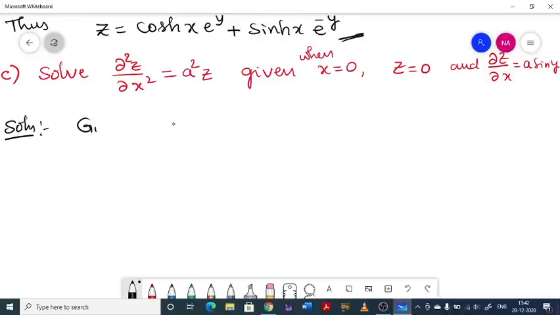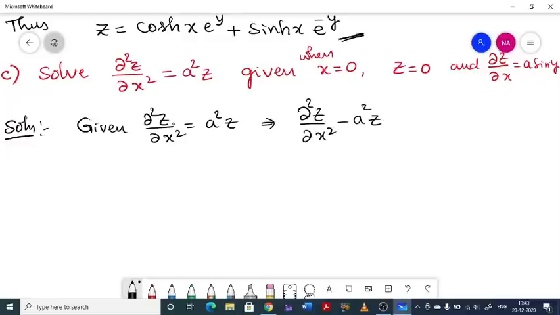Given dou square z by dou x square equal to a square z, or equivalently you can write this as dou square z by dou x square minus a square z equal to 0. Here z is a function of x and y, that is the dependent variable z, and derivatives are given with respect to x.